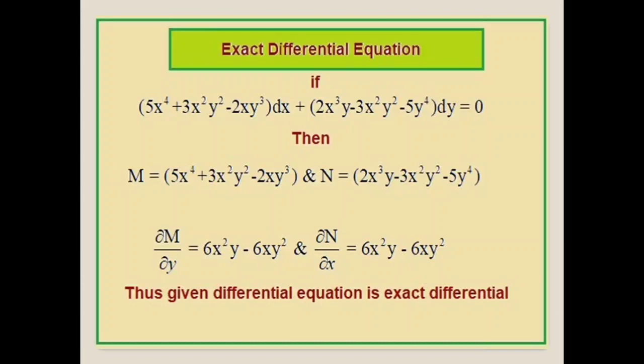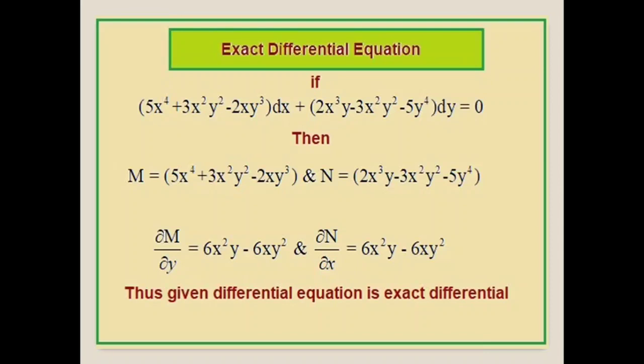If we have a specific problem, that is (5x raised to 4 plus 3x square y square minus 2xy cube) dx plus (2x cube y minus 3x square y square minus 5y raised to 4) dy is equal to 0, then M is equal to 5x raised to 4 plus 3x square y square minus 2xy cube and N is equal to 2x cube y minus 3x square y square minus 5y raised to 4.